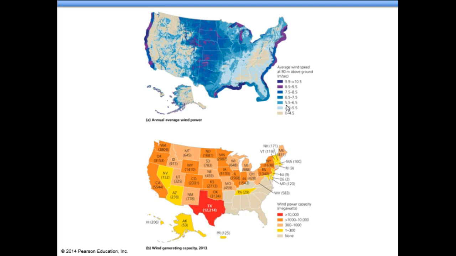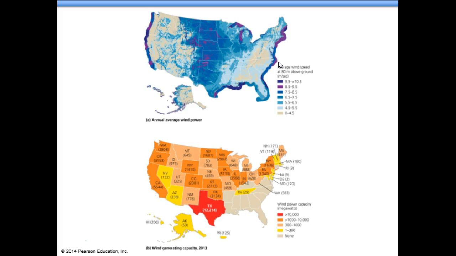I said meters, miles per second, sorry, miles per second. So the darker areas definitely, you can see, are in the Great Plains areas. Also, our darker areas are along our coastlines that you see, and then of course across the mountaintops.